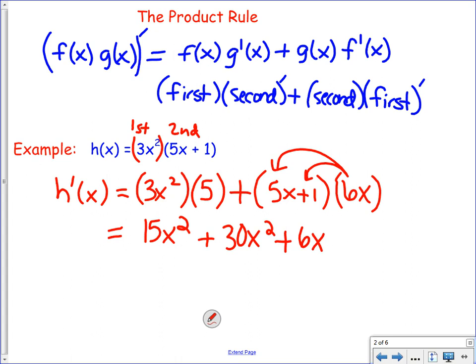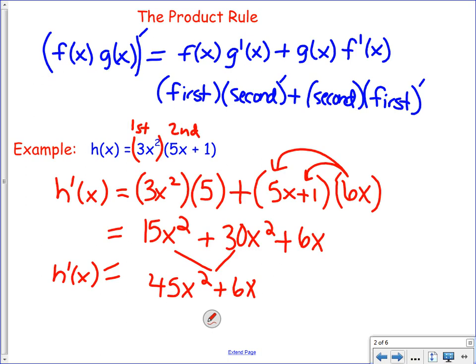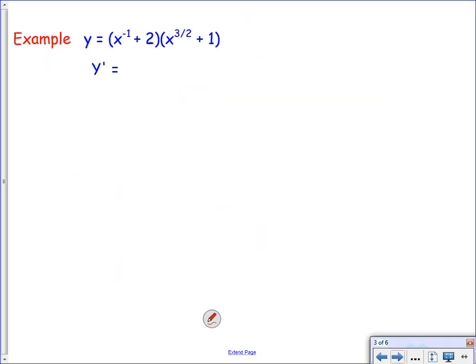And then just combine your like terms, so we can combine here and get 45x squared plus 6x. So that is h prime of x. And so I just want to show you that we did come up with the same derivative, but just two different ways. Okay, so that's the product rule. Let's look at one more example.